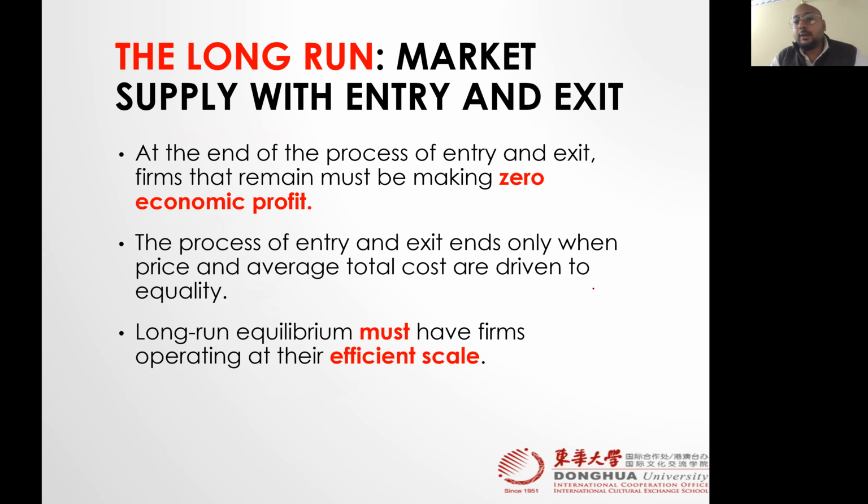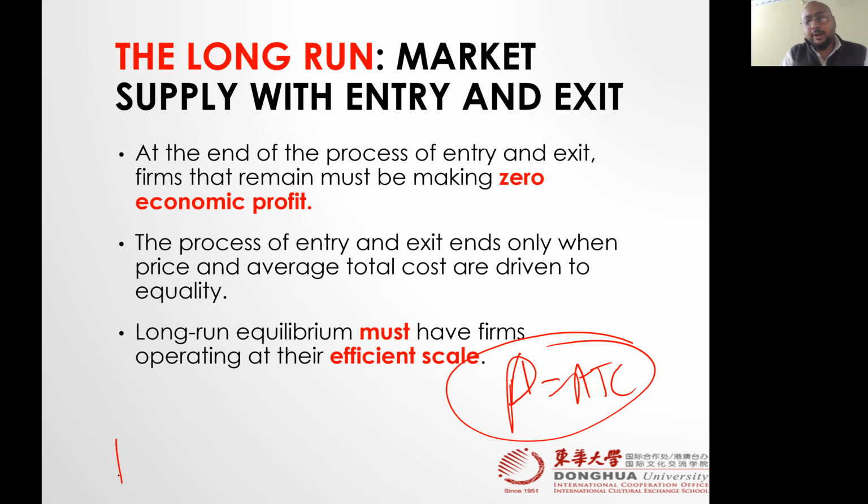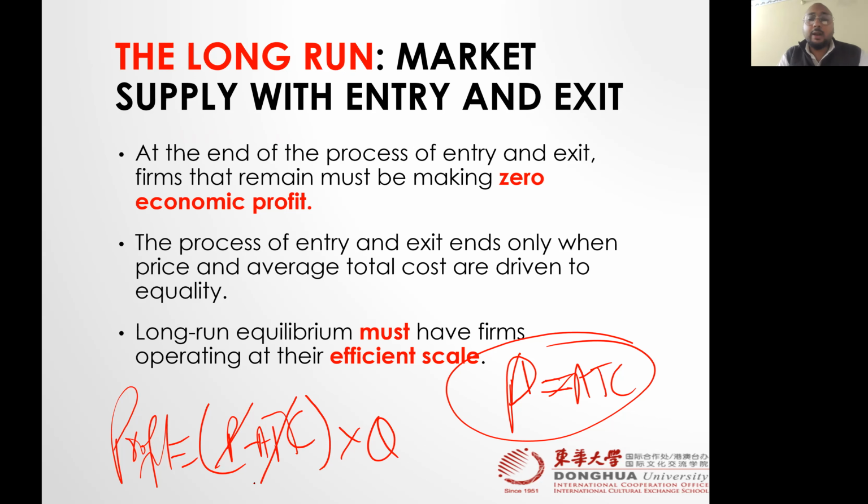All right. So does it mean that nobody is earning when price is equal to average total cost? If you see the formula of profit, profit is equal to price minus average cost multiplied by quantity. If price is equal to average total cost, these two will cancel and profit will be zero.